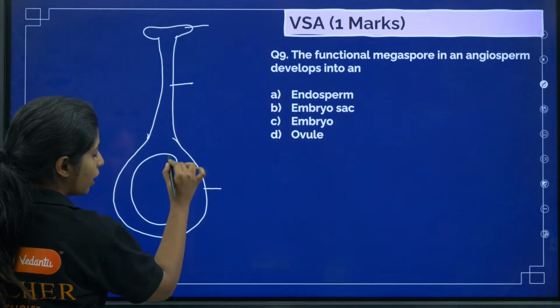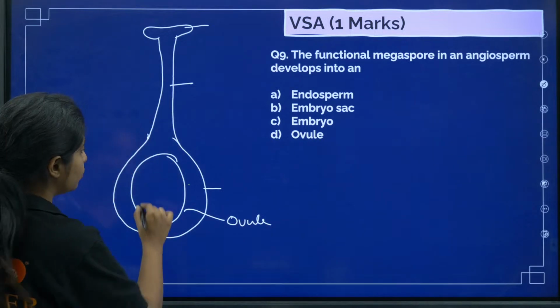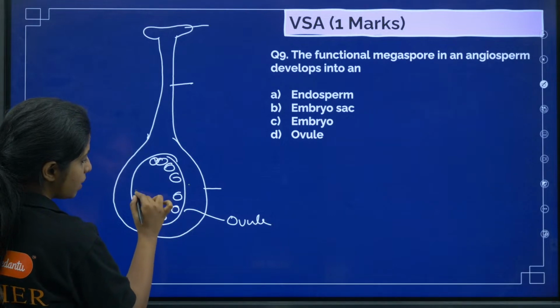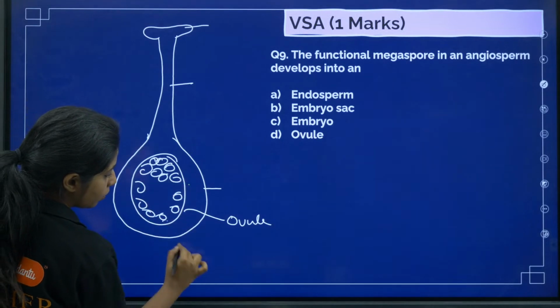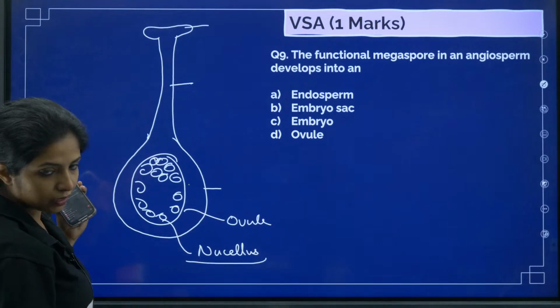Inside the ovary, you have the ovule, right? Now, inside the ovule, you have a bunch of cells coming together, and you call this bunch of cells the nucellus.